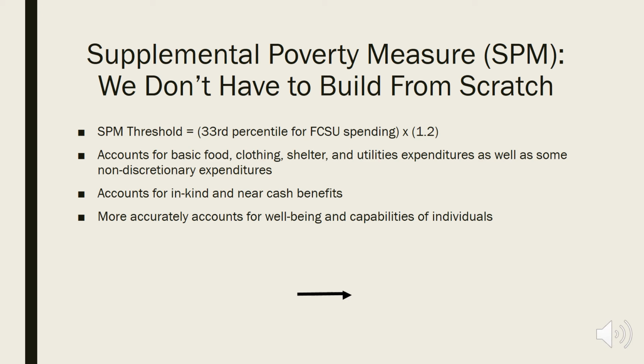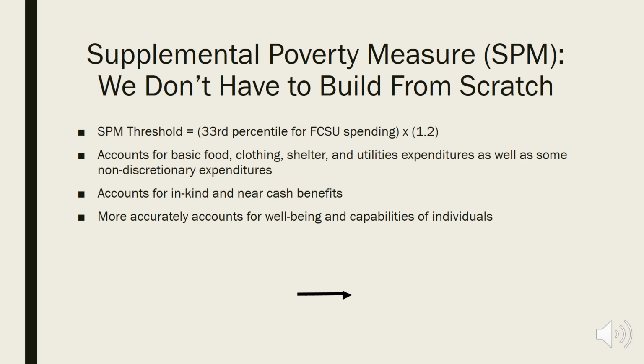The SPM improves upon the OPM because it accounts for basic food, clothing, shelter, and utilities expenditures, as well as some non-discretionary expenditures. It also accounts for in-kind and near-cash benefits, benefits that look and work like cash, but that fall through the cracks with OPM measurement. Basically, the SPM more accurately accounts for well-being and capabilities of individuals.